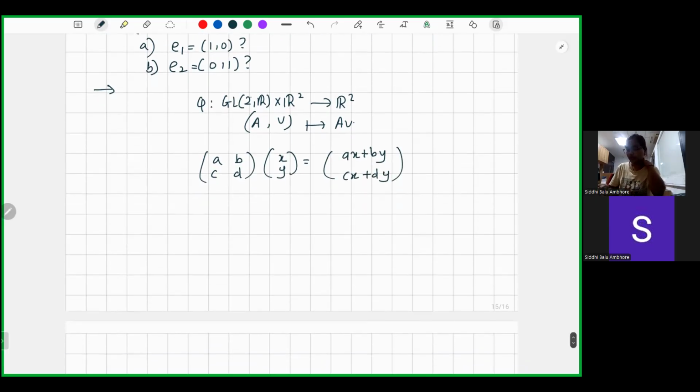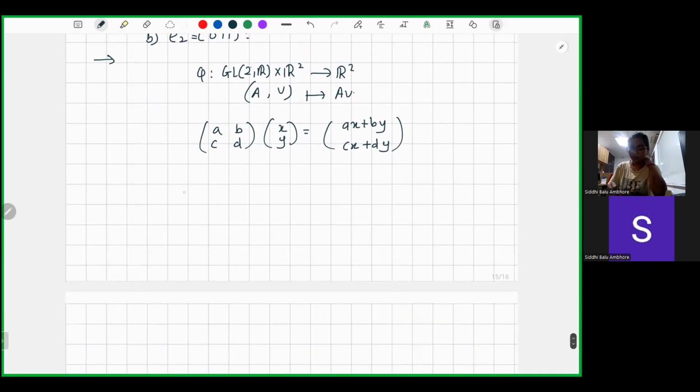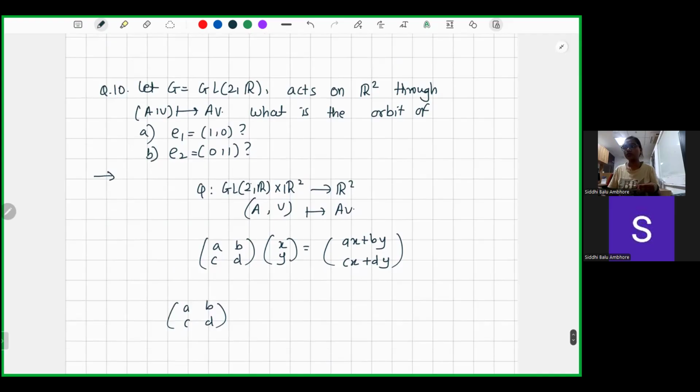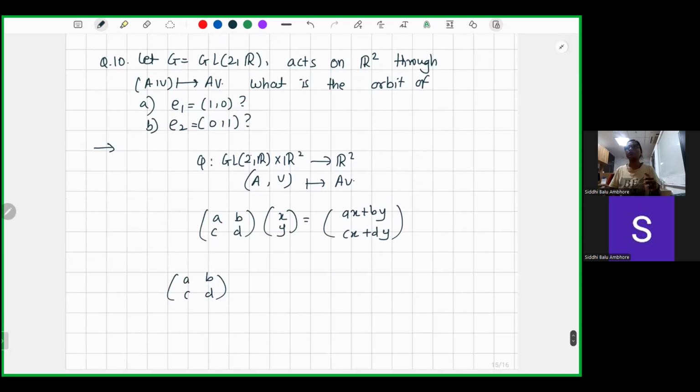Here we are not checking that this is an action. This itself is giving me the action.